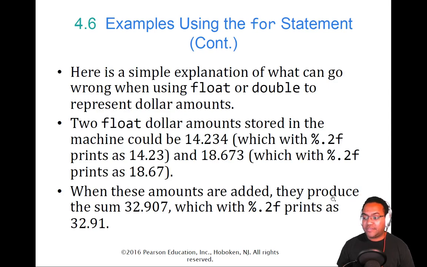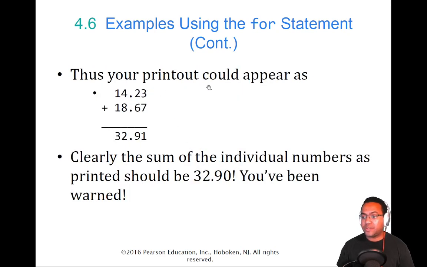When these amounts are added, they produce the sum 32.907, which with .2 float prints 32.91 because it is rounded up. Thus, your printout could appear like this. Clearly, the sum of the individual numbers as printed should be 32.90. Try not to use float if you can avoid it.